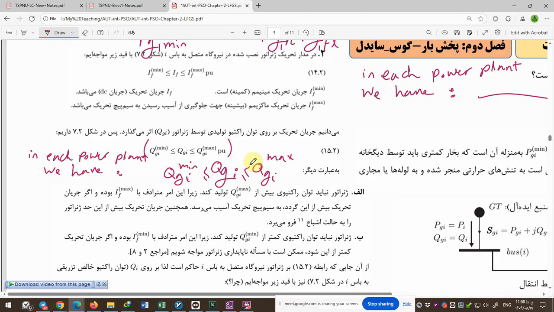Like active power, reactive power also has limitation. The reactive power is composed from excitation.